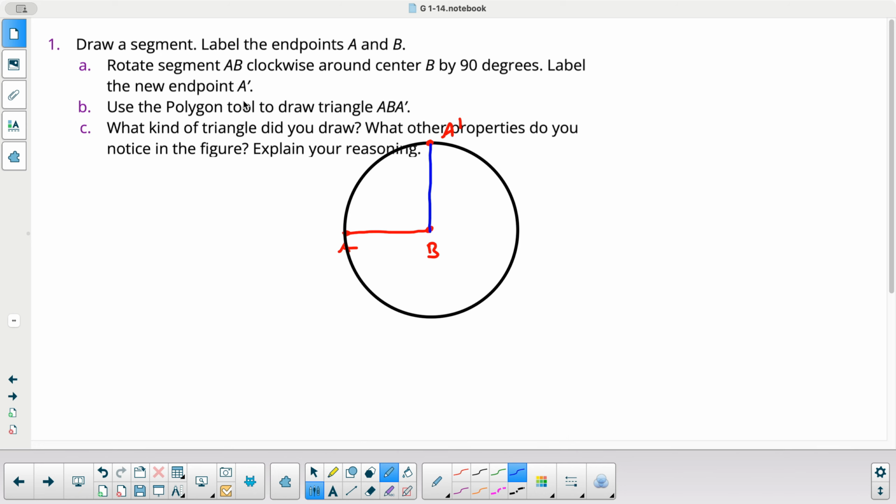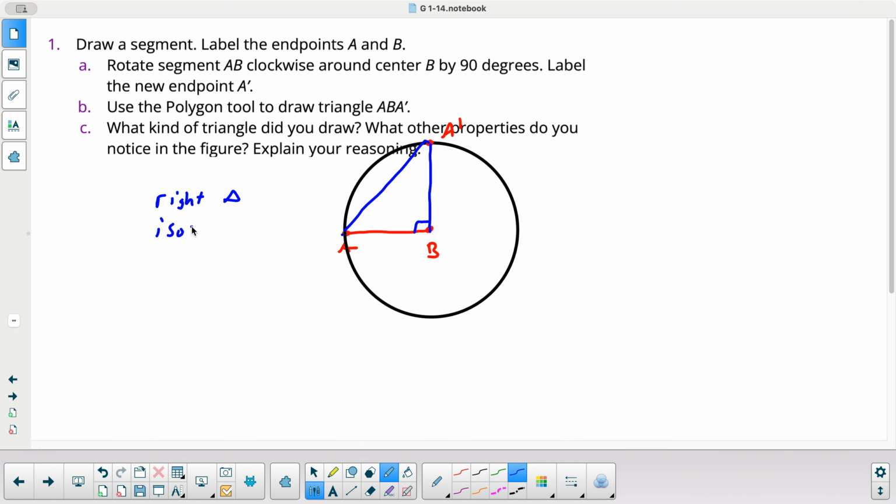Use the polygon tool to draw a triangle A, B, A prime. Well, I'm just going to sketch it right there, okay? What kind of triangle did you draw? What other properties do you notice? So I would say that this is a right triangle. Why? Because we know that's 90 degrees.